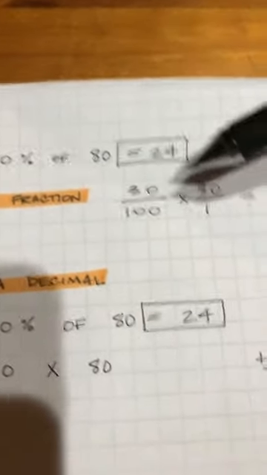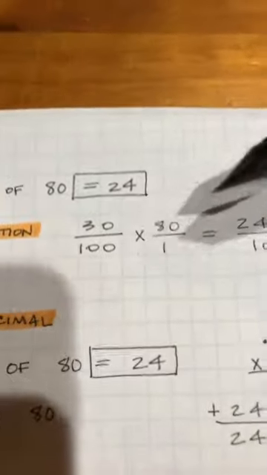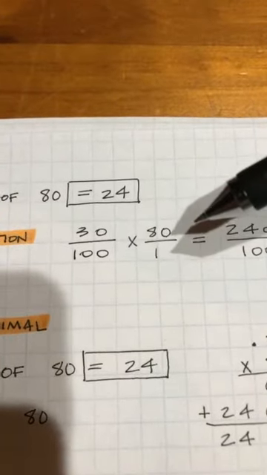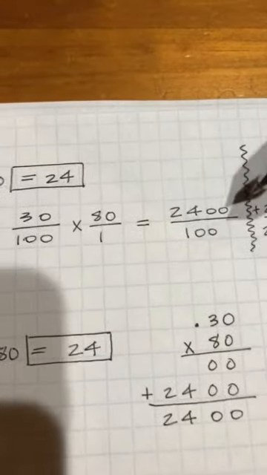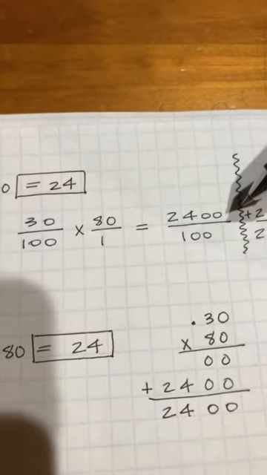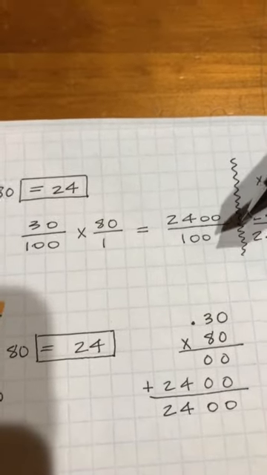Of means that we're multiplying. So 30 over 100 times 80 over 1, we multiply straight across. 30 times 80 is 2,400, and 100 times 1 is 100.